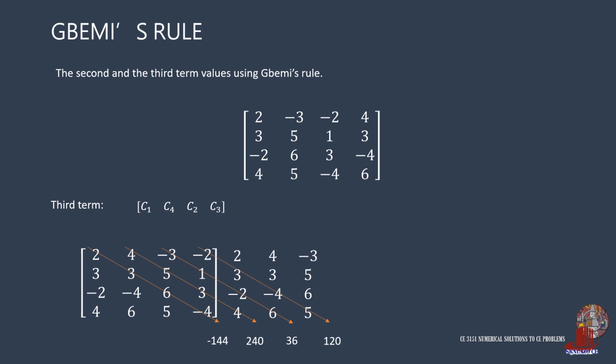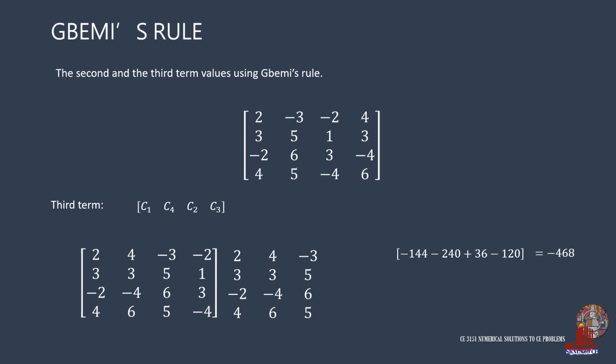And the last has negative 2, 3, negative 4, and 5, which are multiplied to 120. The positives flip signs starting with positive. The positive is then taken from negative 144 minus 240 plus 36 minus 120, giving negative 468.